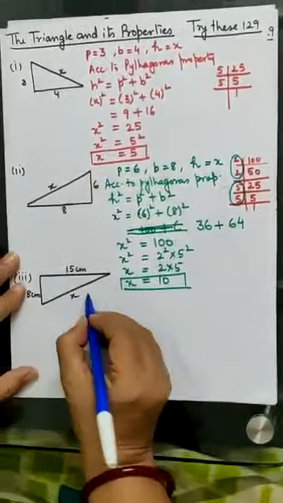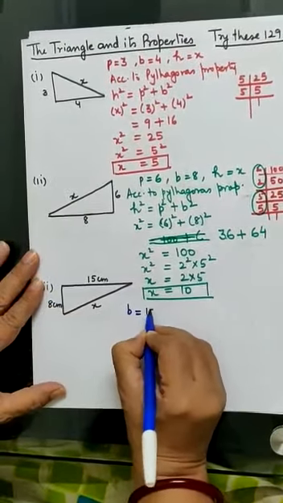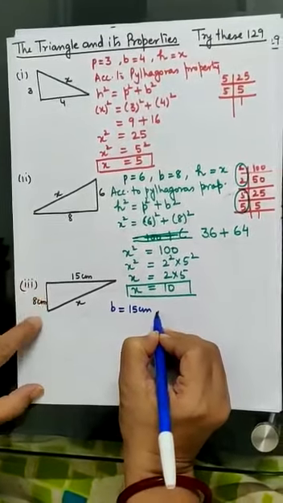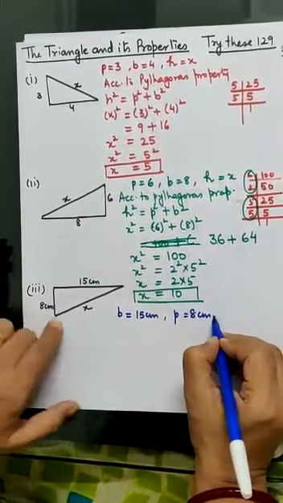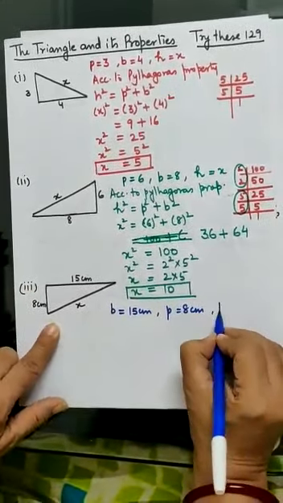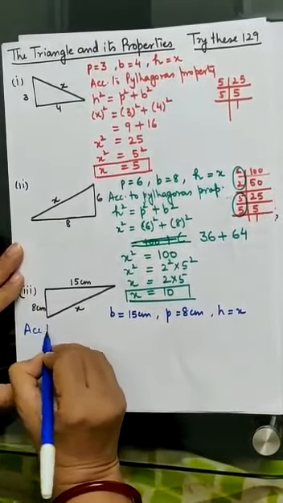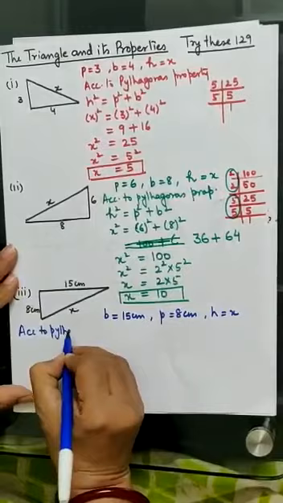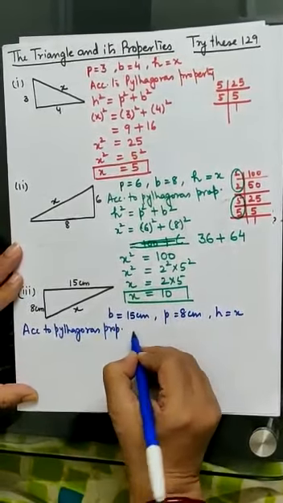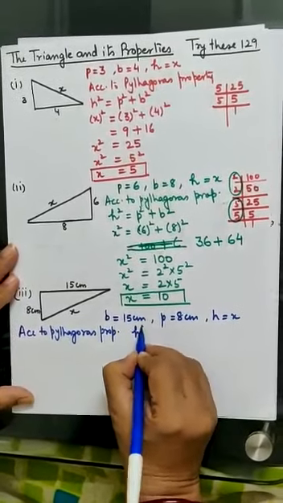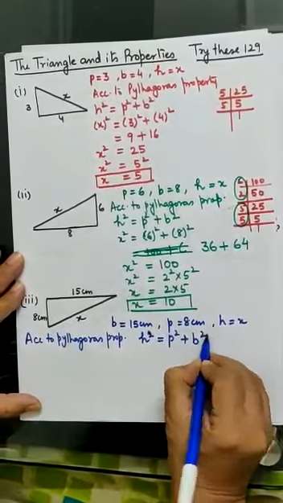Now here you see in the third part, this is the base. So here base is given 15 centimeter. This is the perpendicular. Perpendicular is given 8 centimeters, and this is the hypotenuse. So h is given x. Now according to Pythagoras property, we know that h square is equal to p square plus b square.